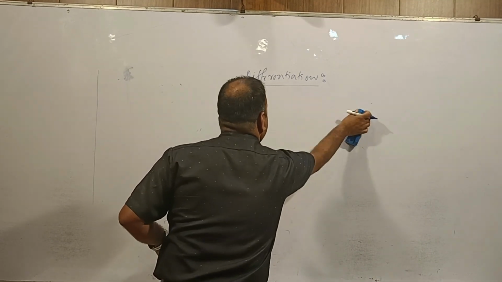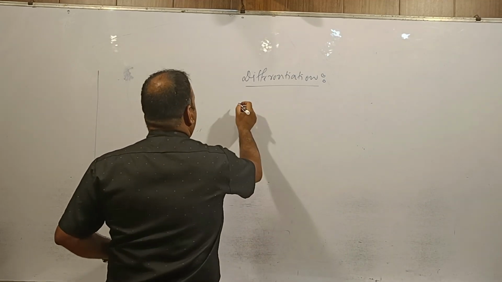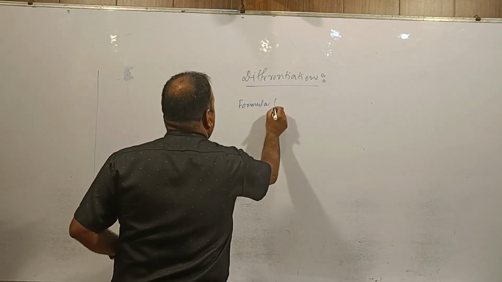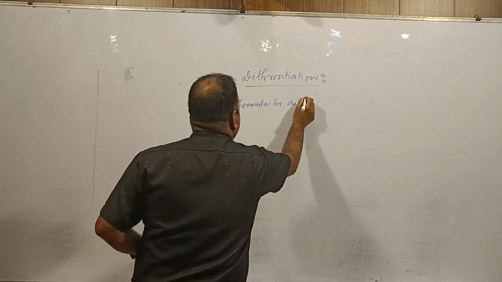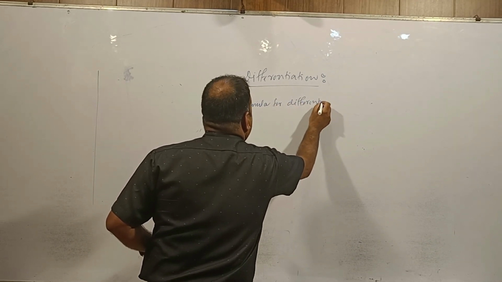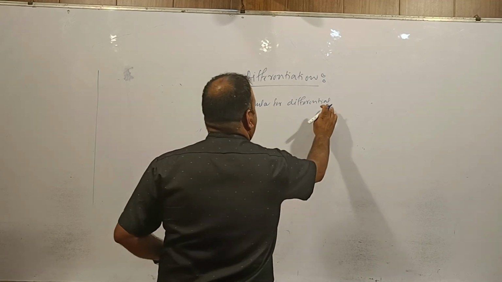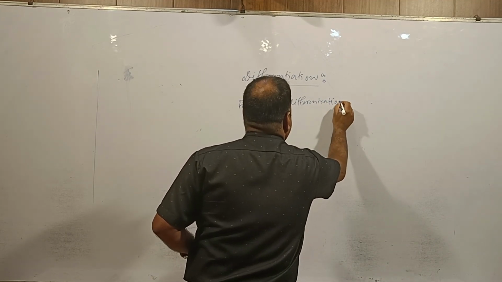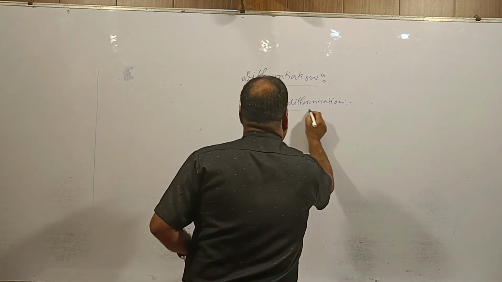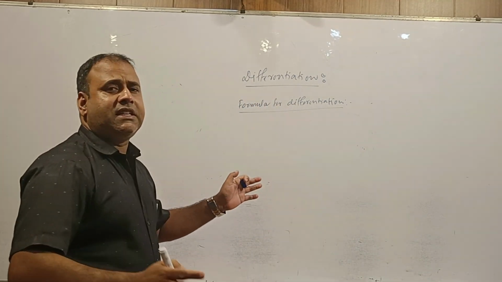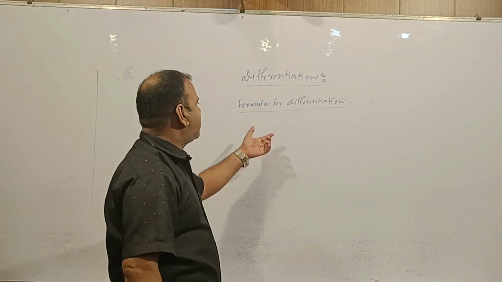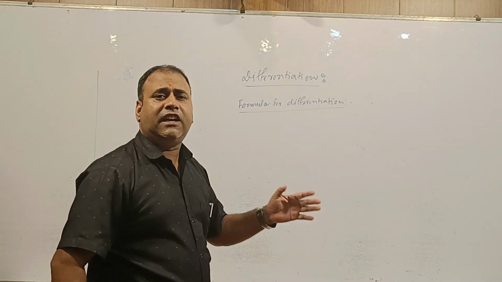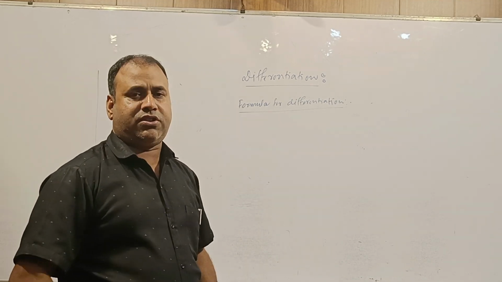First you see the formula for differentiation. Dear students, remember, differentiation is a big chapter and it is related to one whole book. But in physics, whatever is necessary, only that part I am going to discuss in short.